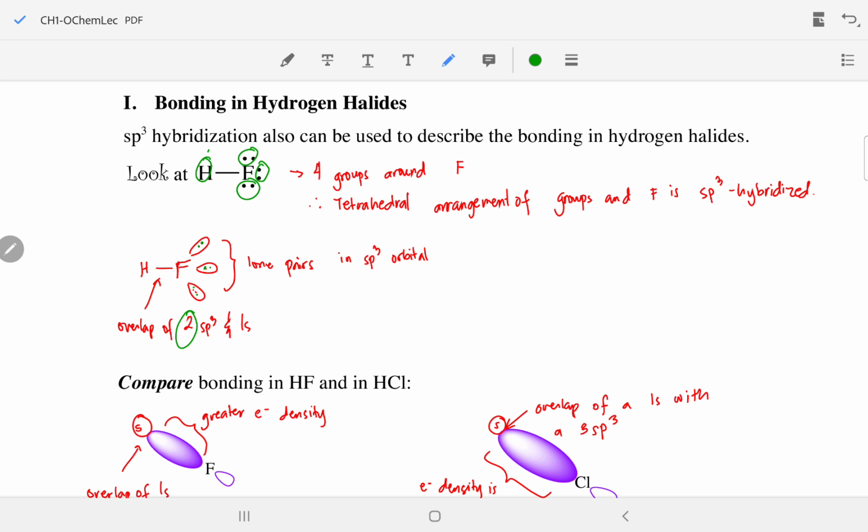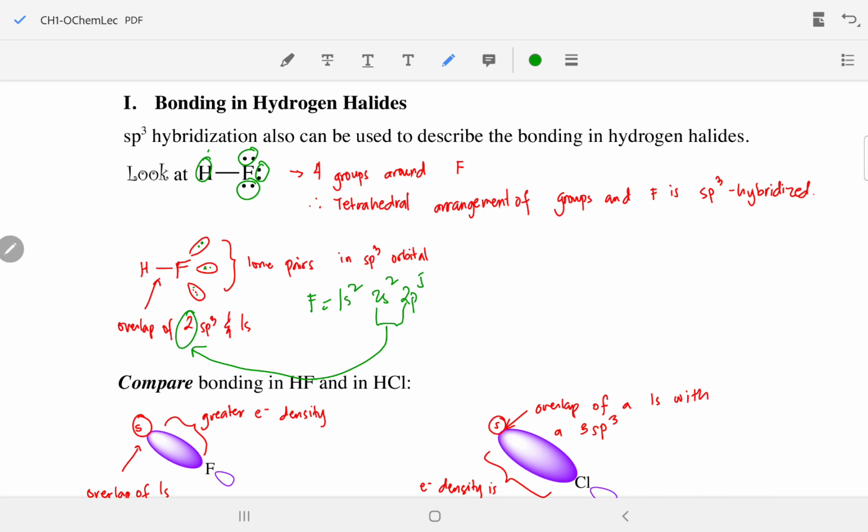That is not two sp3 orbitals, but this pertains to the shell to which this sp3 belongs, because fluorine has an atomic number of 9, so it has 9 electrons. So its electron configuration is 1s2, 2s2, and 2p5. So this is what is meant by this 2.